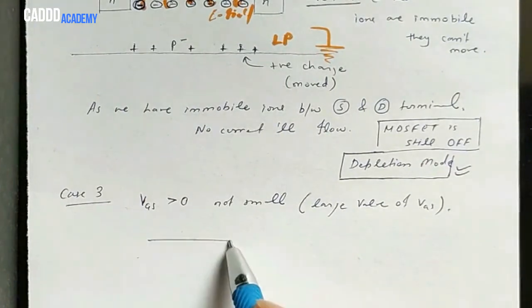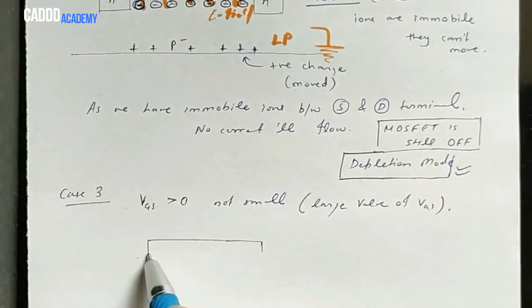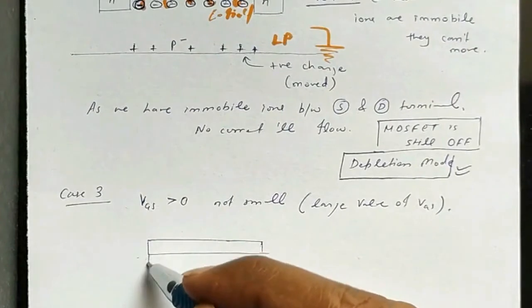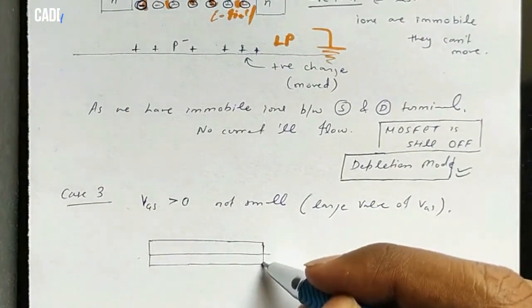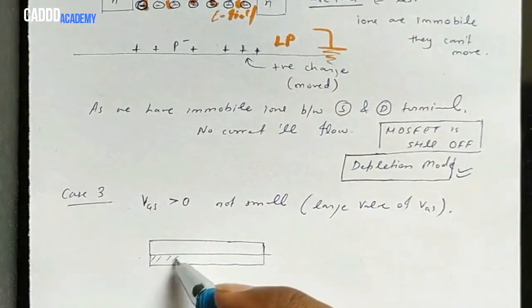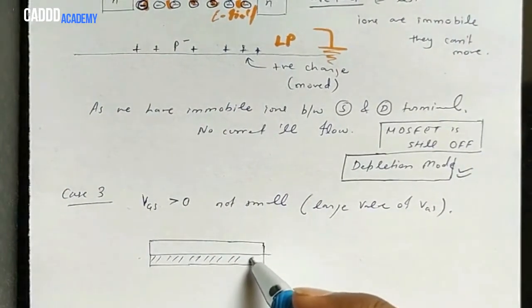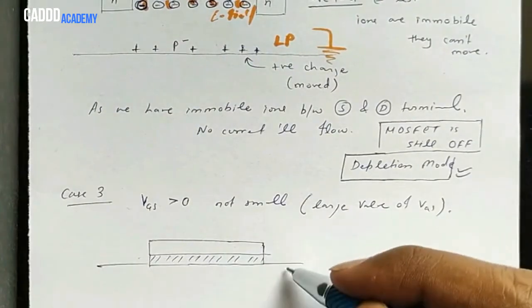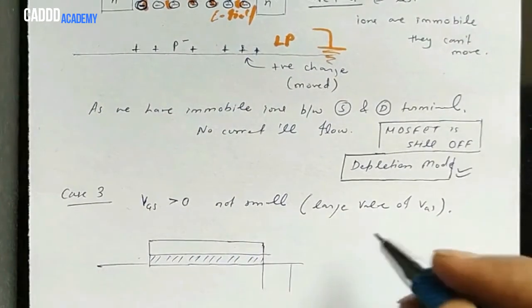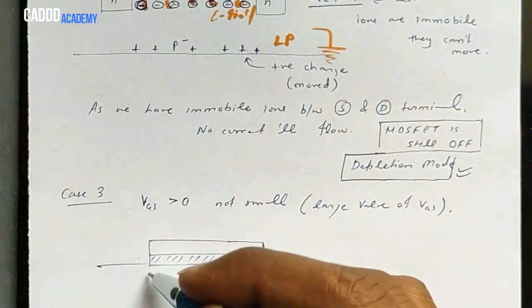Now again I am drawing that view. This is metal. After that we have the silicon oxide layer. The shaded area is the silicon oxide layer. Then we have the semiconductor part, and this is the N plus region.